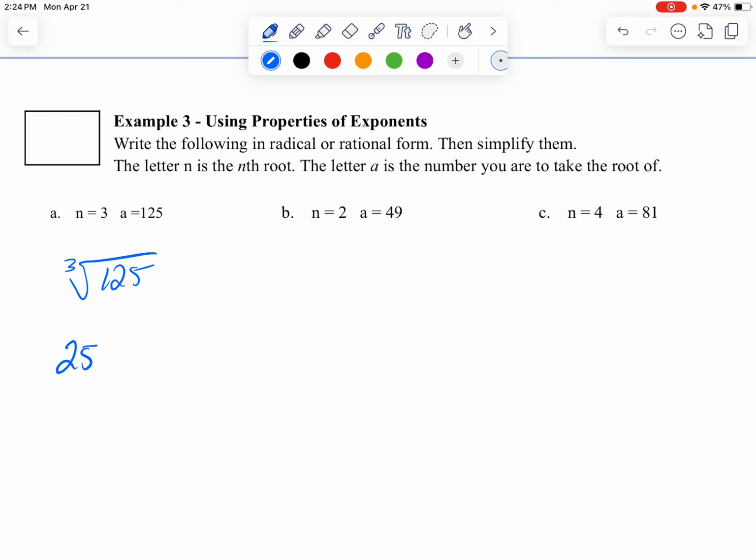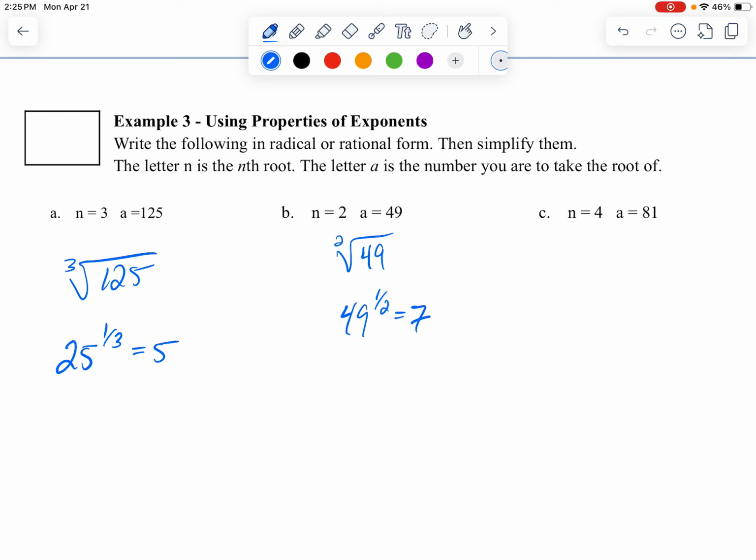You could have also written it like this, 125 to the 1/3 power, and that should be 5. Second one, this is the square root of 49. We don't normally write the 2, but you can. Or 49 to the 1/2, which is 7, because 7 times 7 is 49.